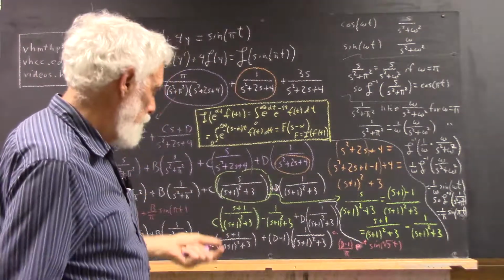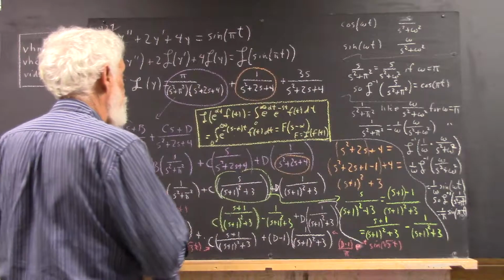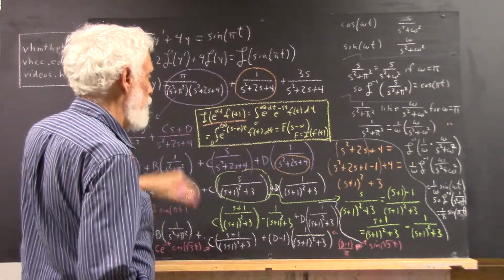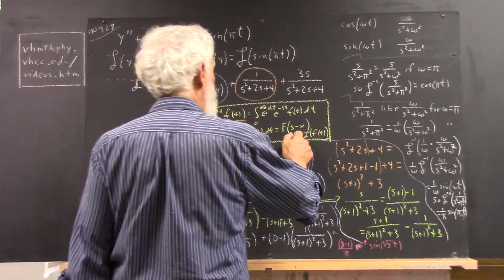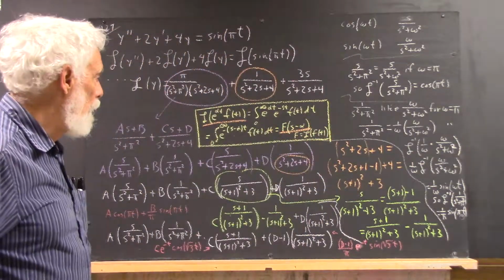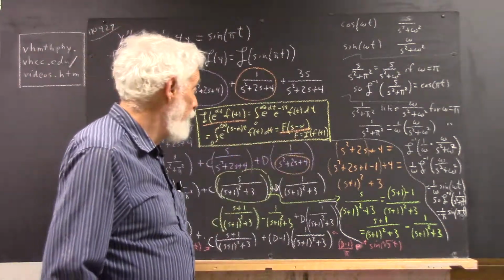But the bottom line is that the Laplace transform of e to the alpha t f of t is equal to the Laplace transform of f of t, where s is replaced by s minus alpha.